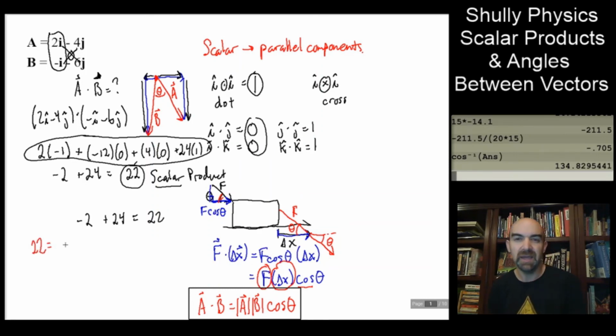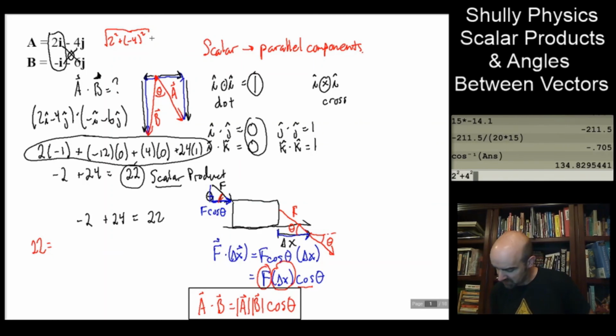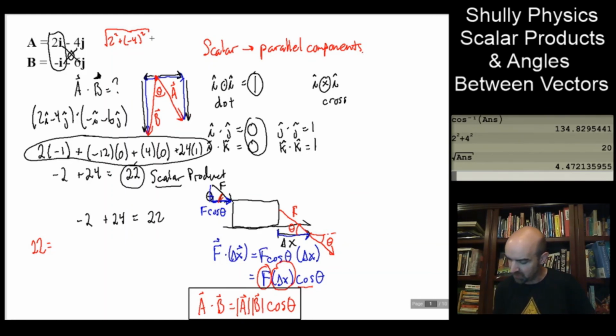That equals magnitude A. We're not given the magnitude on this one, but the magnitude is just going to be 2 squared plus negative 4 squared. It's the hypotenuse of the x and the y components. So 2 squared plus 4 squared, and the root of that, 4.47.